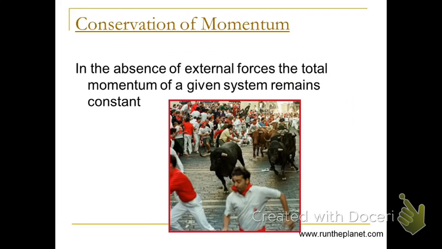If it's in motion, it has a tendency to stay in motion. So in Pamplona, Spain, these people with the red scarves who are running with the bulls, if you just consider their movement system as their body, they get to a place where they have a quantity of motion based upon their mass and their velocity, and that all stays the same unless they're doing braking action.